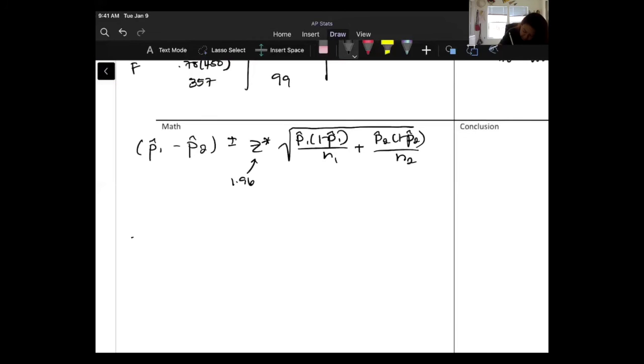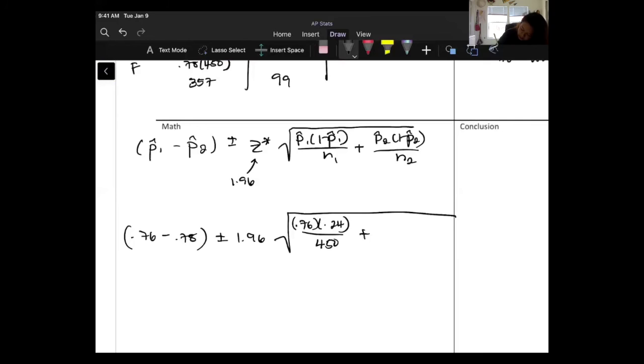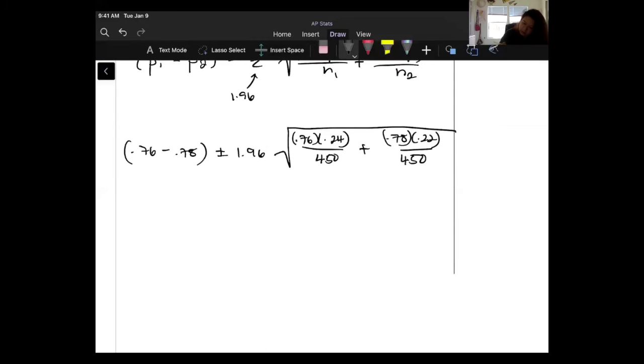So we have 0.76 minus 0.78 plus or minus 1.96 times the square root of 0.76 times 0.24 over 450 plus 0.78 times 0.22 over 450. So I get negative 0.075, comma 0.035.